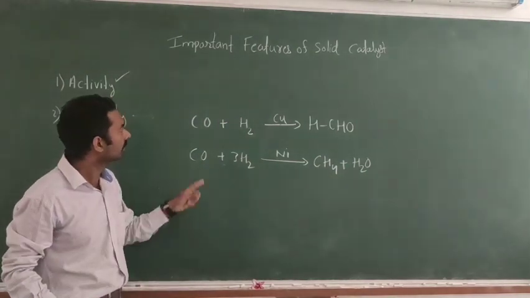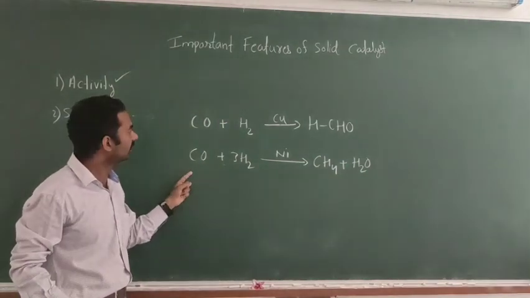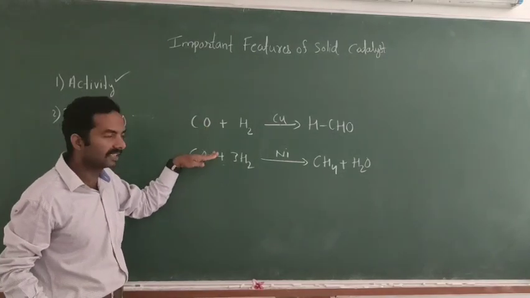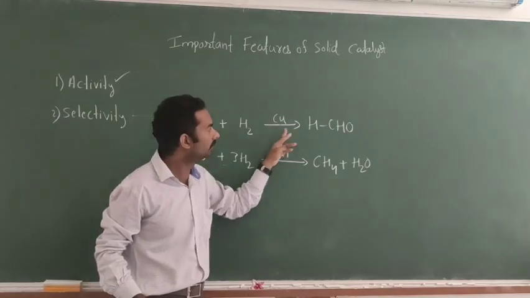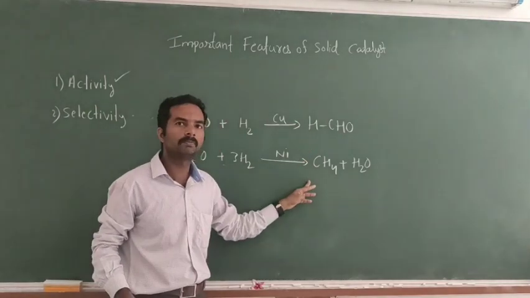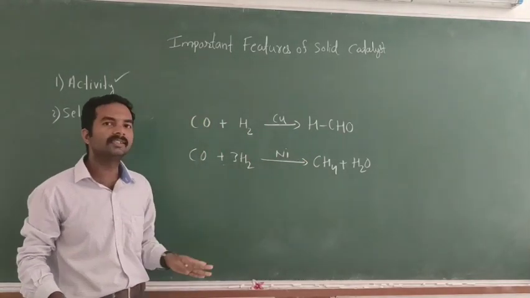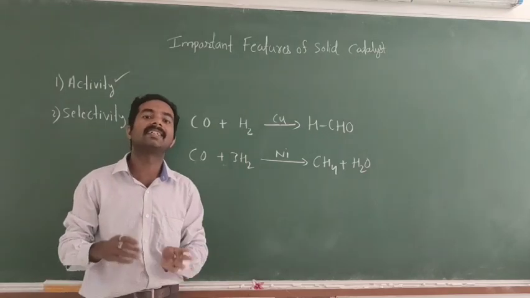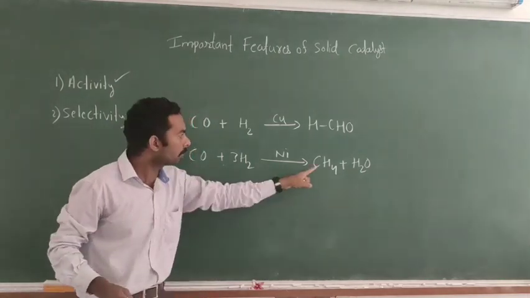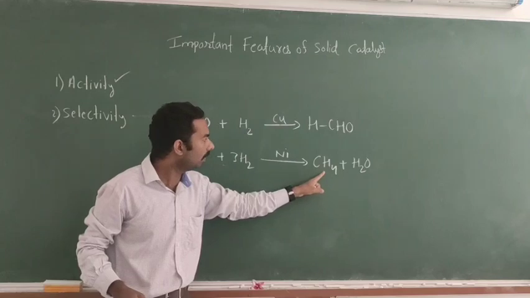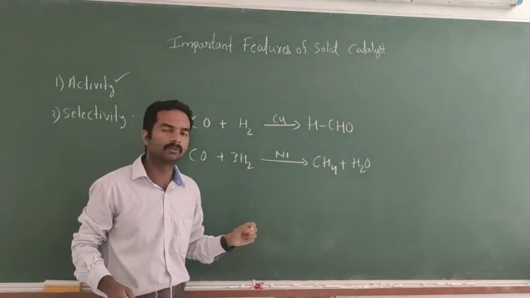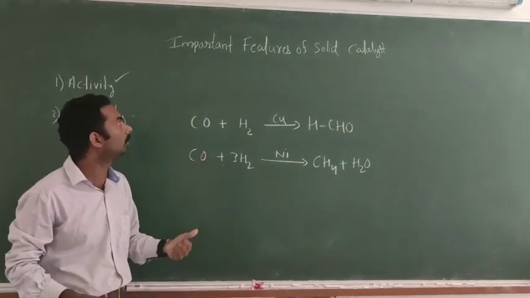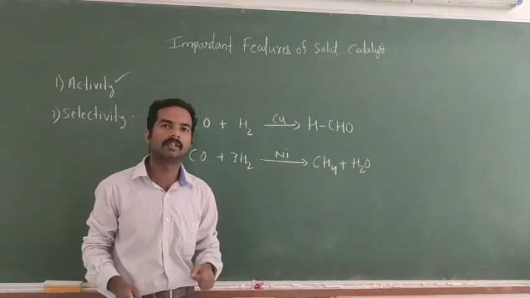So here both the reactions contain same reactant but different catalyst, therefore we get different product. So here from this example it is clear that the product depends on selectivity of catalyst. So therefore it is about the selectivity of catalyst.